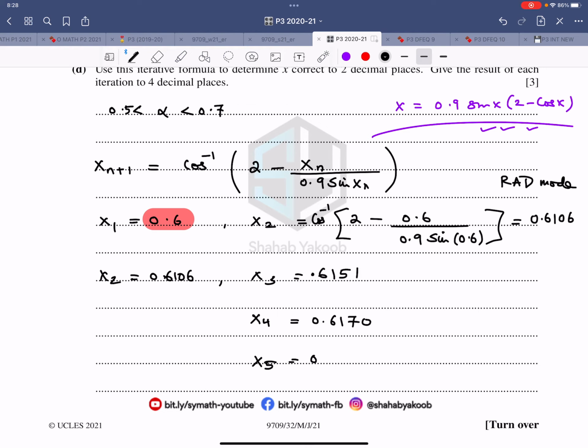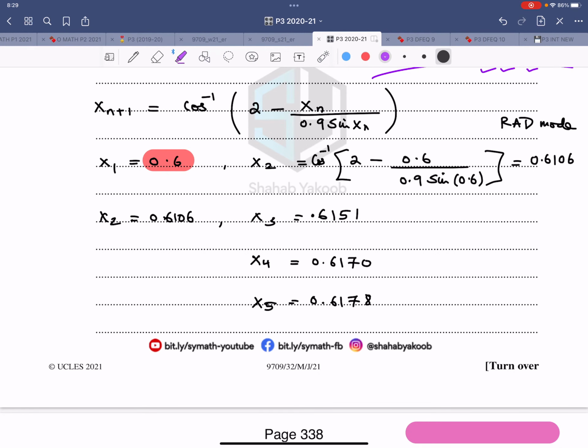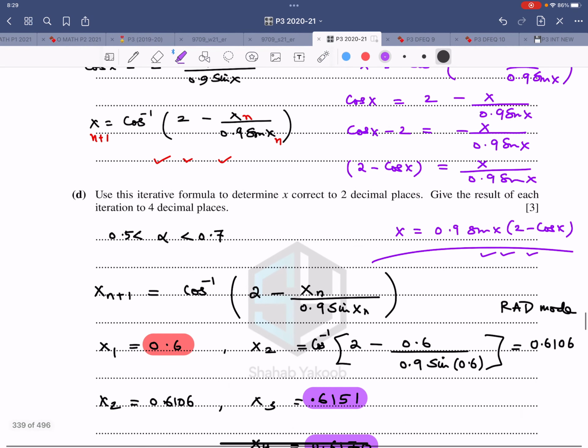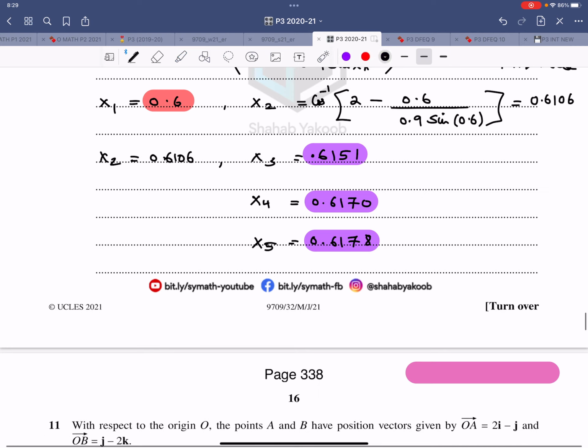Now stop and think for a second. Usually it takes 4 steps. These answers, 1, 2, 3, they are getting closer and closer. They are asking us to work in 4 decimal places so that the final answer is 2 decimal places. So let's round off and see. This becomes 0.62.